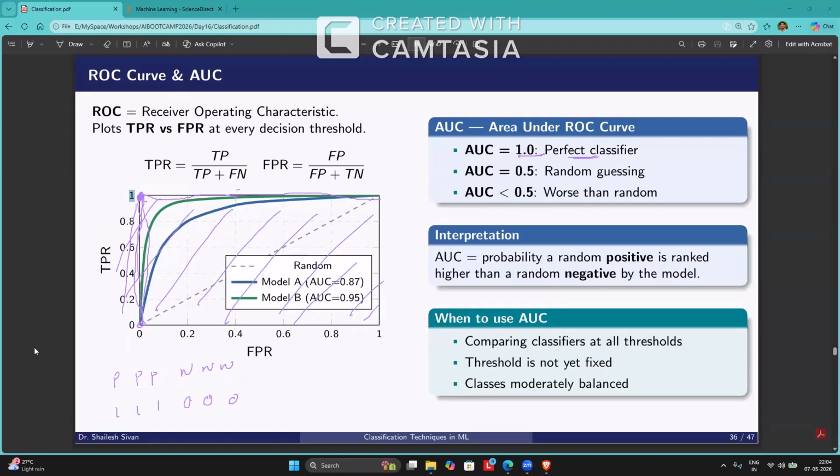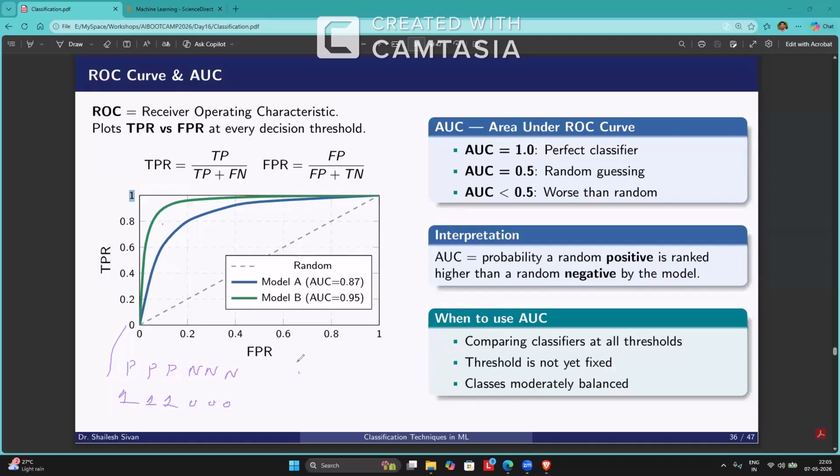And we got that TPR as 1 and FPR as 0 for the case of 0.5. See, the predicted positive classes are 3 and the negative classes are 3, and the prediction probabilities are 1, 1, 1, 0, 0, 0.